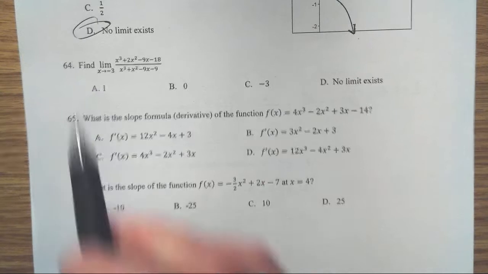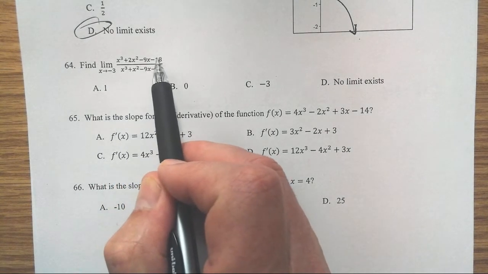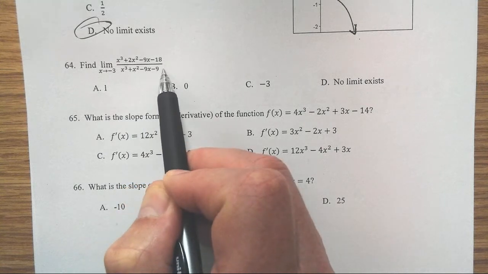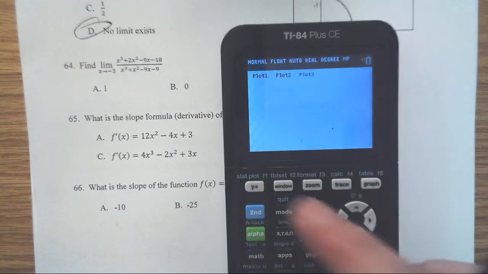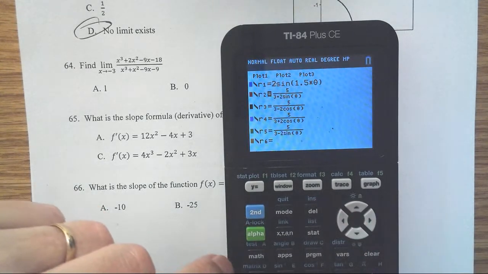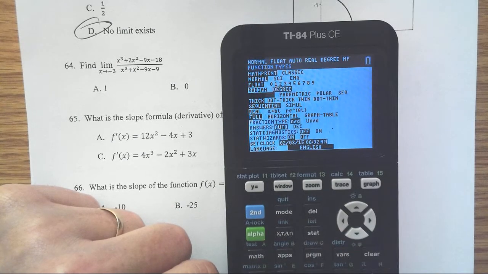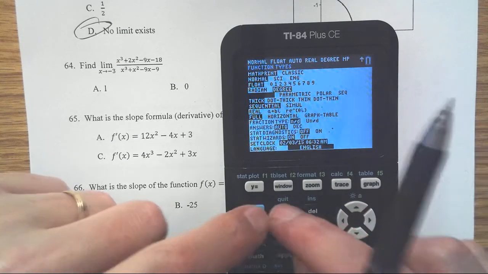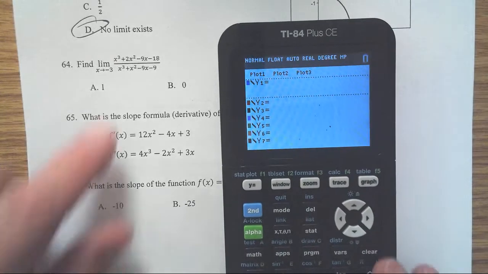Okay, find the limit. Now, I fully expect, and I'll tell you it does happen, that if we put -3 in for x, we're going to get 0 on 0. If I graph this, I'm still in polar, so let's go mode, function, quit, y equals, clear this one out.